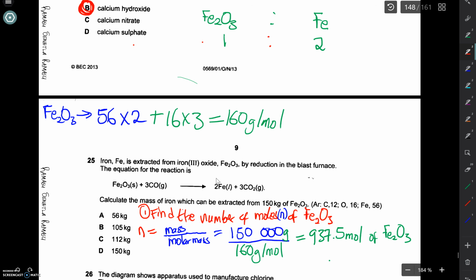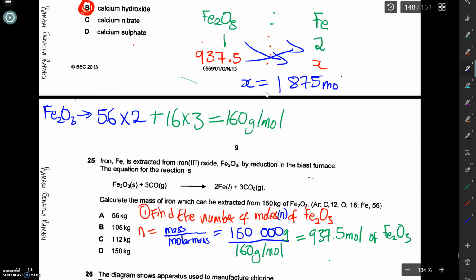So to find your answer, you simply cross multiply, and your x becomes 1875 moles.